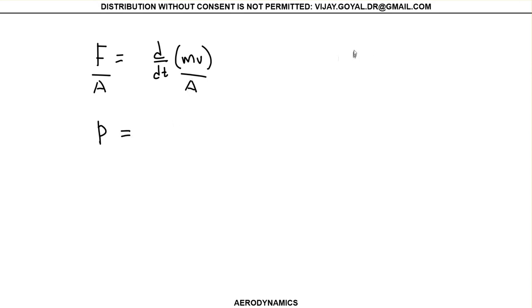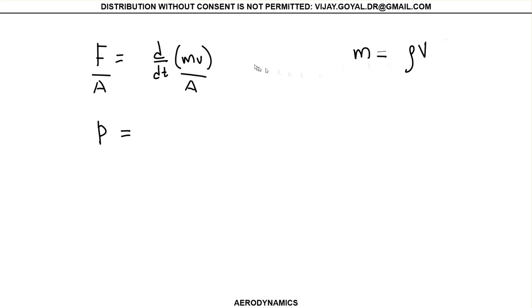And you have to remember that your mass is nothing else than density times volume.